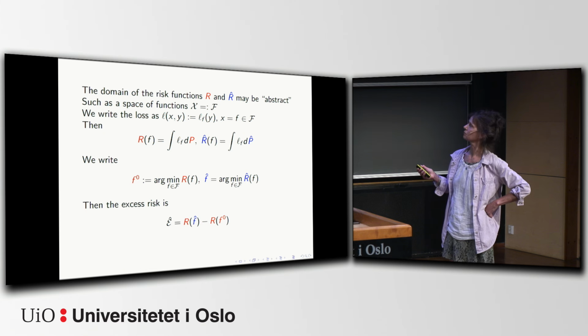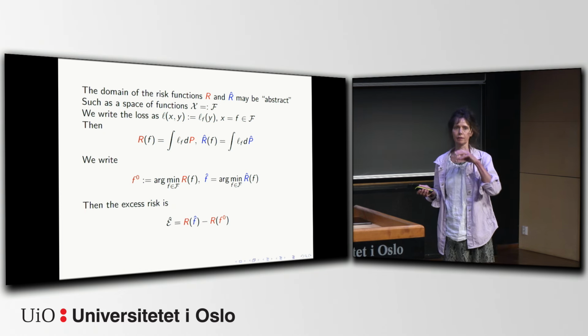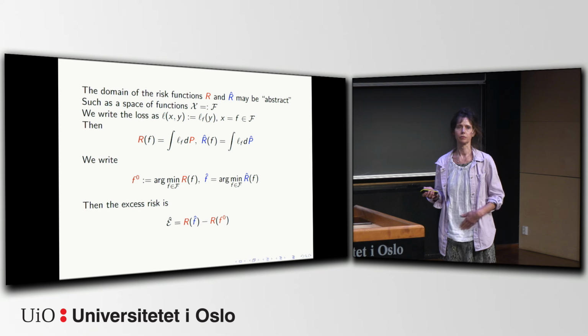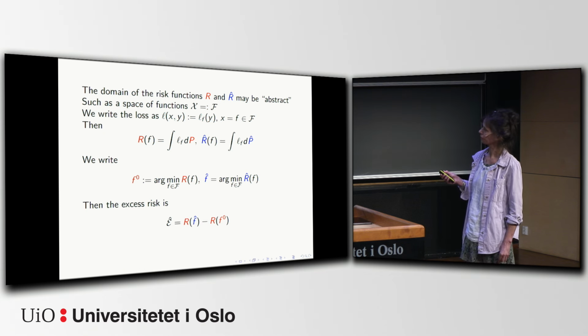Okay? And I just put the dependence on the argument in a subscript. So this is just a change of notation. Sorry for that, but it may be helpful to understand that actually we're not on the real line. So everything is the same. The empirical risk is the average of the loss at the function f. The theoretical risk is here.